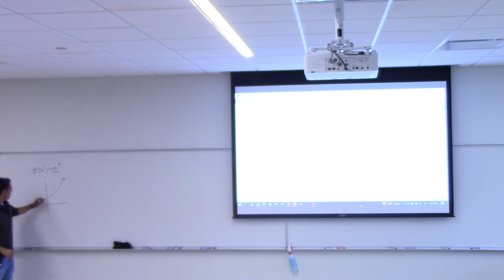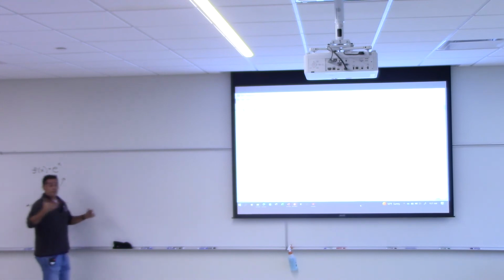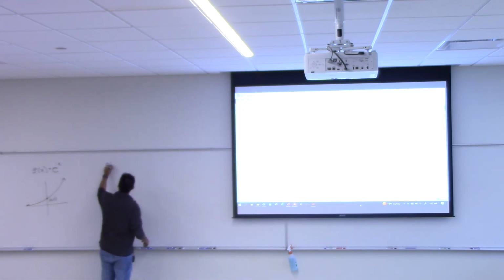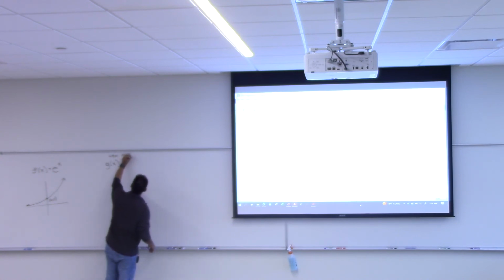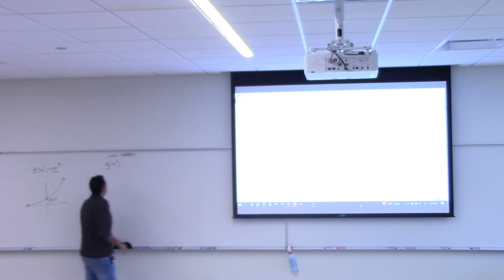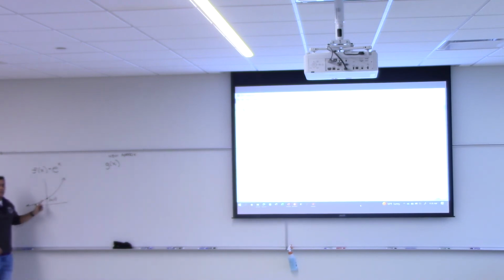So here's what we know. I know that at the point 0, the function spits out 1. That means if I'm going to try and come up with a new function, I'm going to call it g of x. This is some new approximate function. I would like for that function g to also pass through that point.